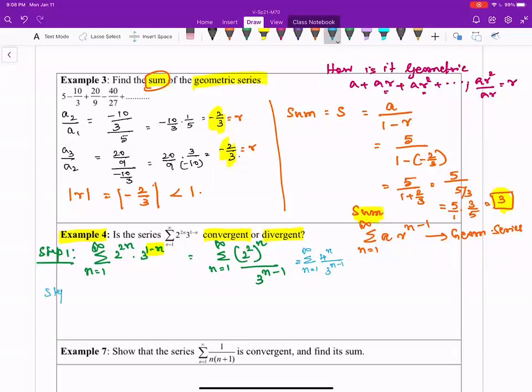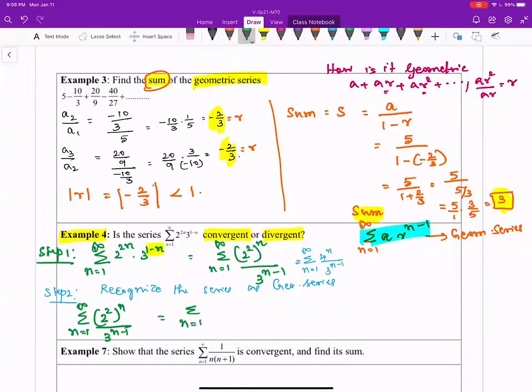So now we want to recognize this as a geometric series. We want to bring the expression to this particular form. Consider the given series, sigma of 2 squared to the power n divided by 3 to the power n minus 1, where sigma n varying from 1 through infinity stays as is.